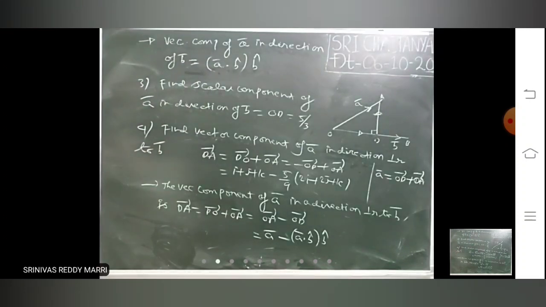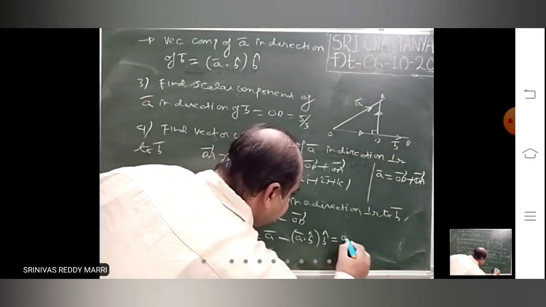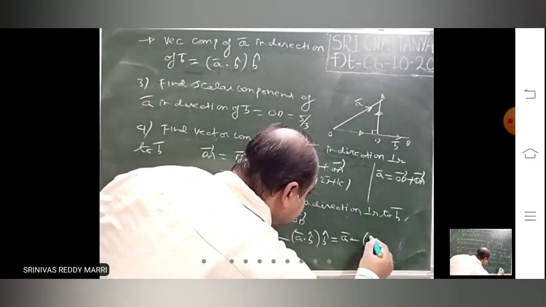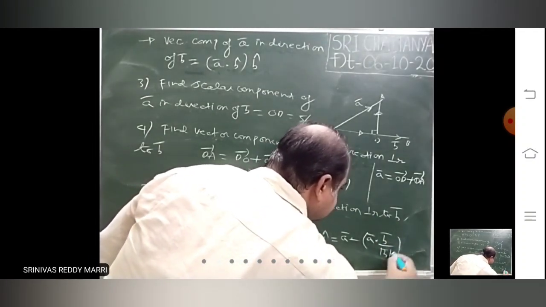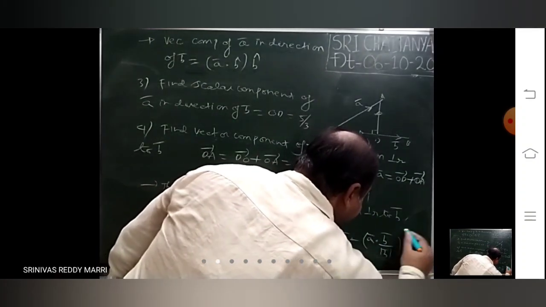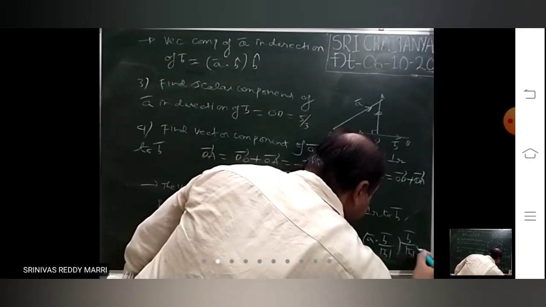This is the formula: A bar minus A bar dot B cap into B cap. Now B cap is what? B bar divided by modulus B bar.